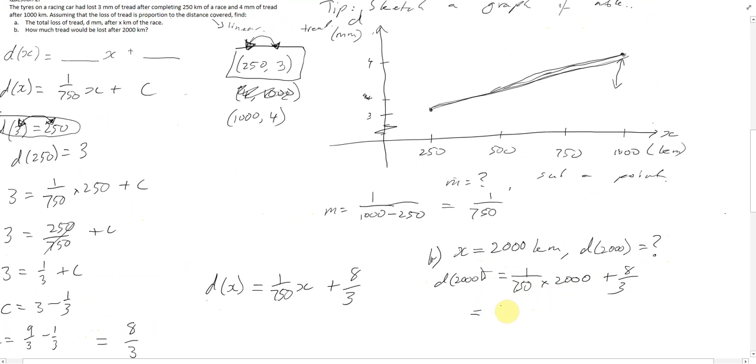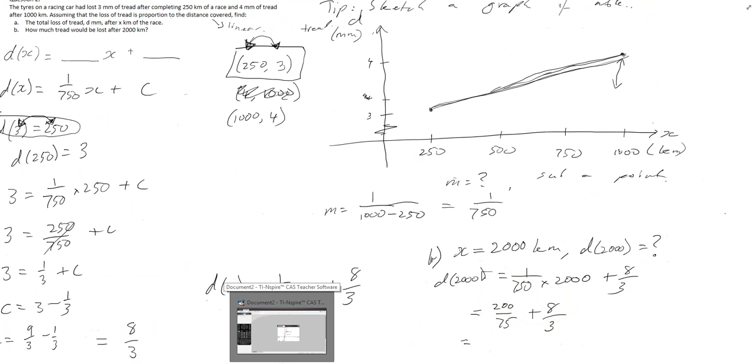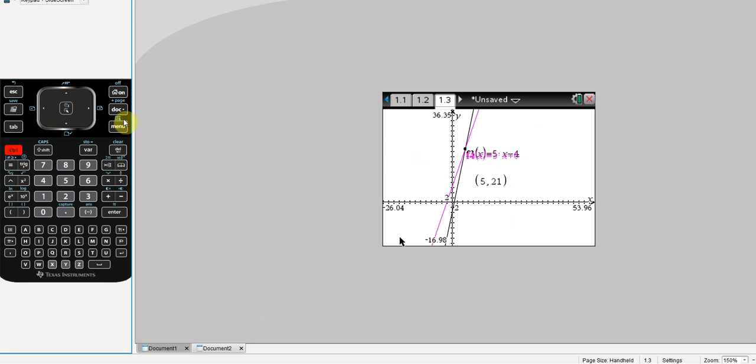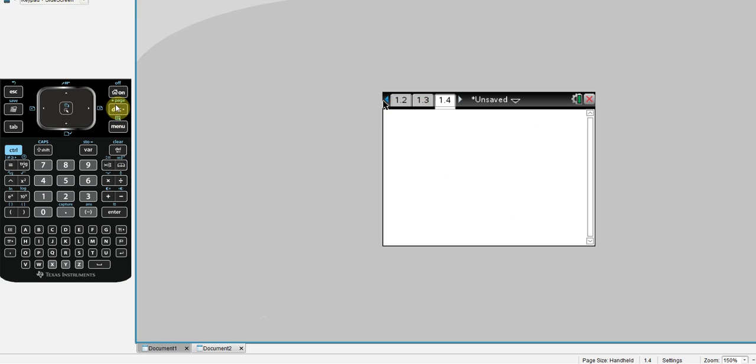So 2,000 over 750 is the same as 200 over 75 plus 8 thirds. And I'm just going to cheat with a calculator here. So we had 200 over 75 plus our 8 on 3.